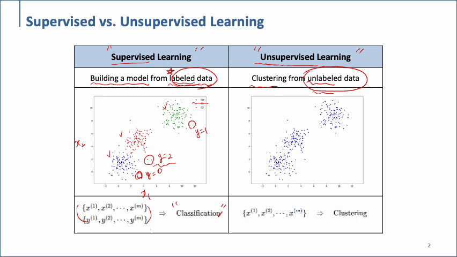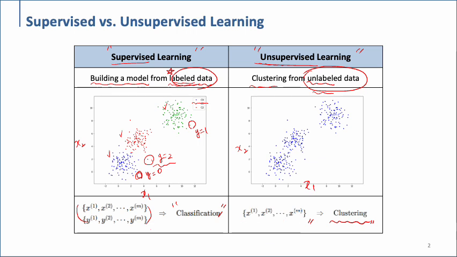But actually, before visualizing it, we don't know the labels. The only thing that you have is x1 and x2, so you only have x data, without labels. In this case, we call it clustering.